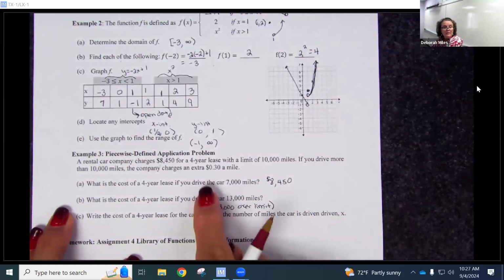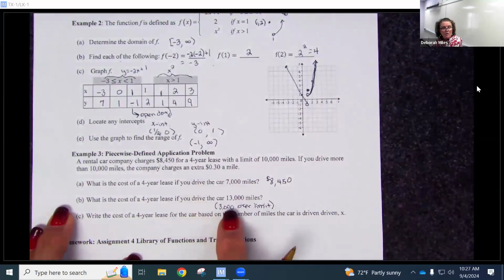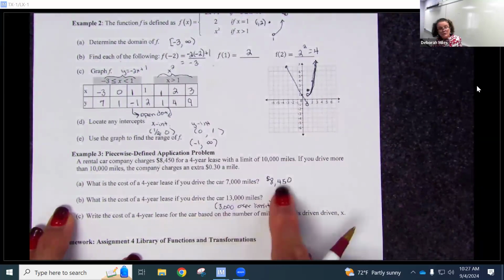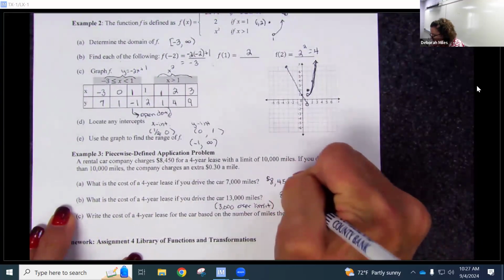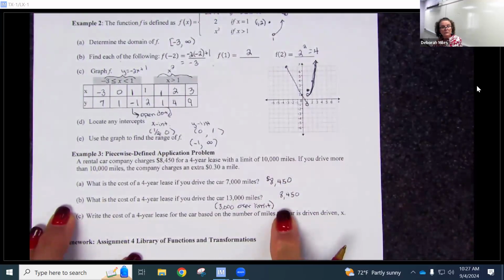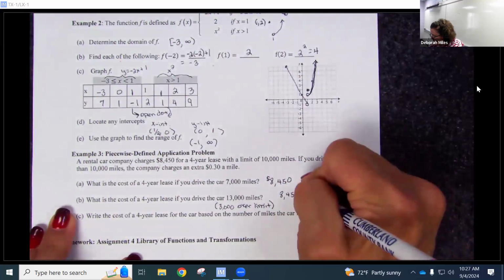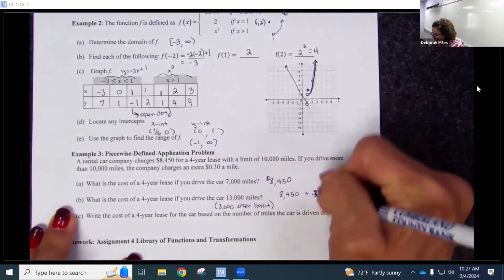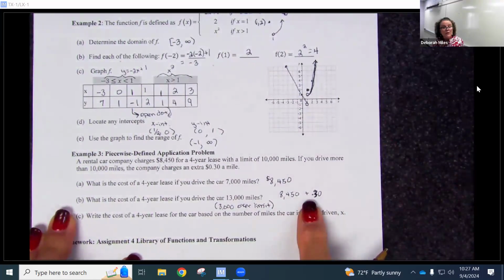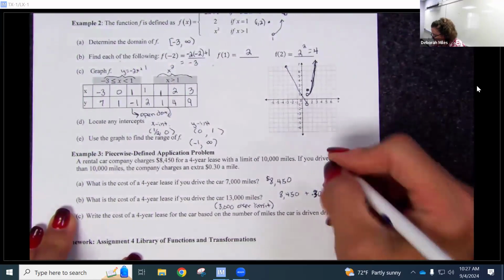So you're only going to have to pay the 30 cents a mile on this 3,000. You're still going to have to pay that $8,450 for those first 10,000 miles. And then you pay 30 cents per mile for these other 3,000.